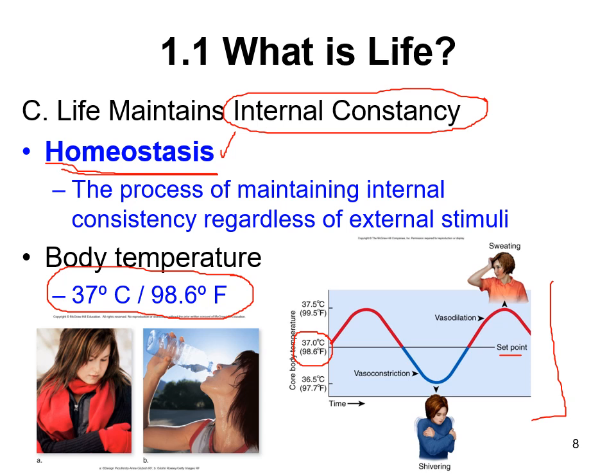Now, does that mean that throughout the entire day, if we were to take your temperature, you would always be at that perfect 37 degrees Celsius? Nope. Because homeostasis says, yes, you have a set point, but you are able to fluctuate a little bit up and down as long as you come back to the set point on the average.